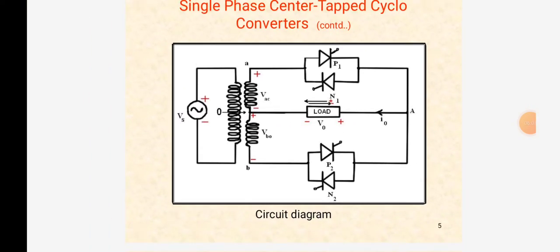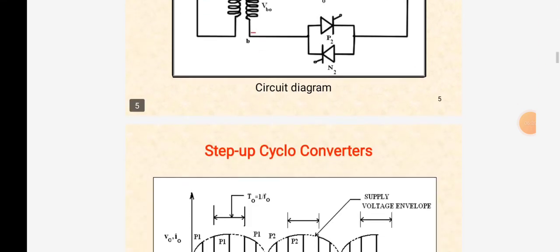From this figure, during the positive half cycle of the supply voltage, terminal A is positive with respect to terminal B. Therefore, thyristors P1 and N2 are forward biased from omega t equal to 0 to omega t equal to pi.